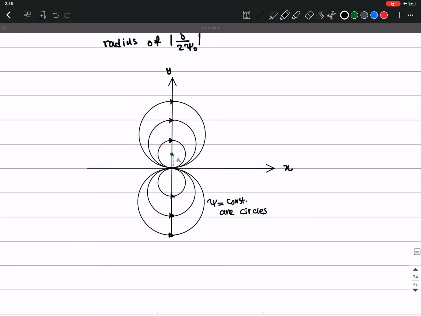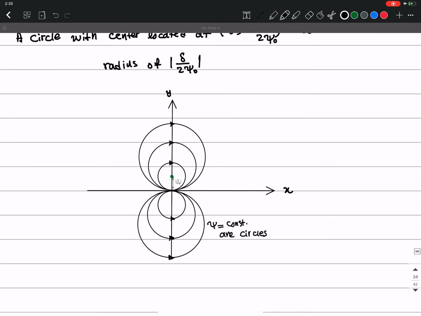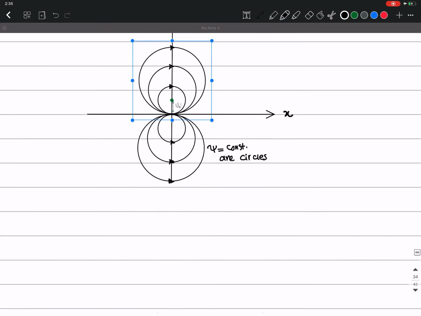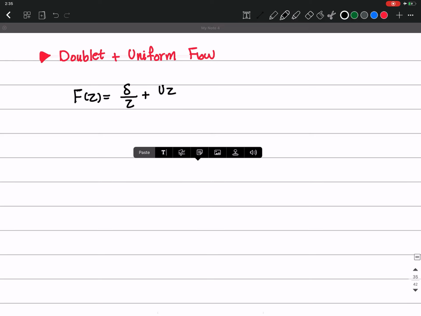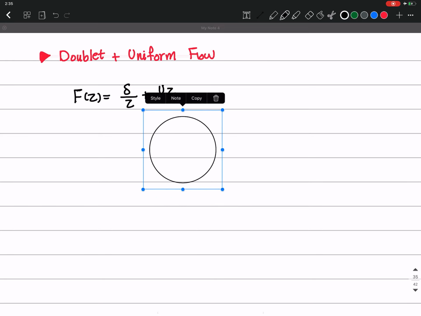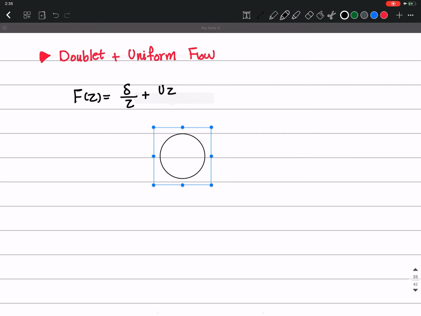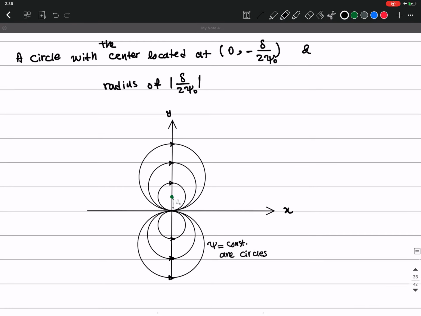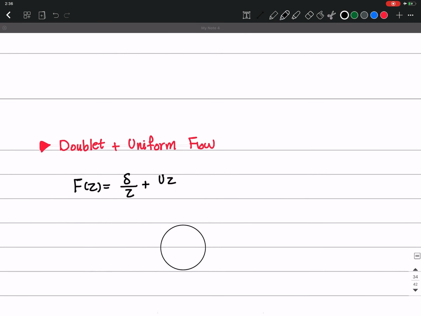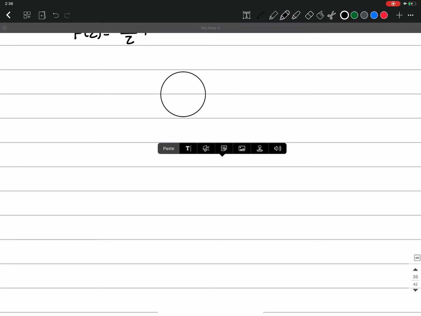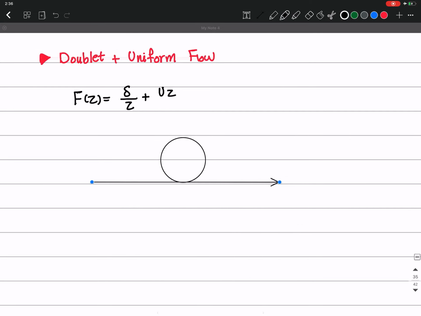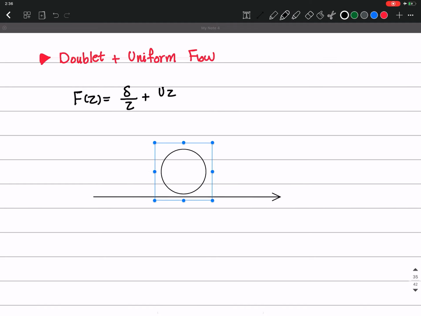So here we have this doublet. So let me copy it here so we see what happens when we have this doublet. A doublet plus a uniform flow.